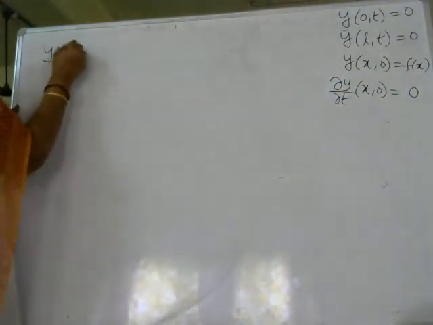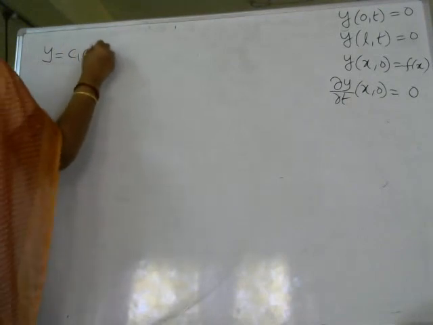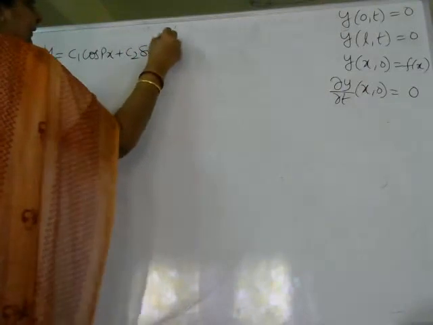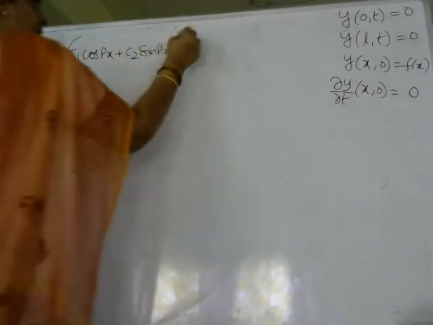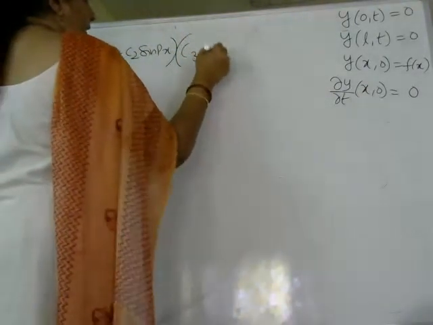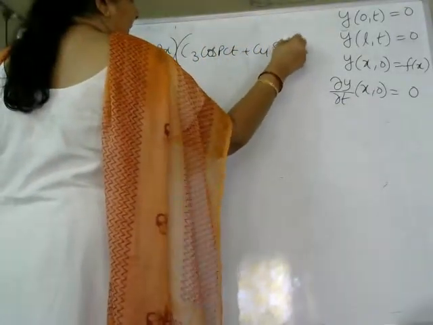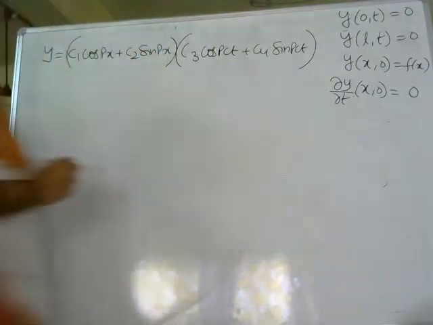So what is the suitable solution we have here? Y is equal to (C1 cos px plus C2 sin px) into (C3 cos pct plus C4 sin pct). This is a suitable solution.